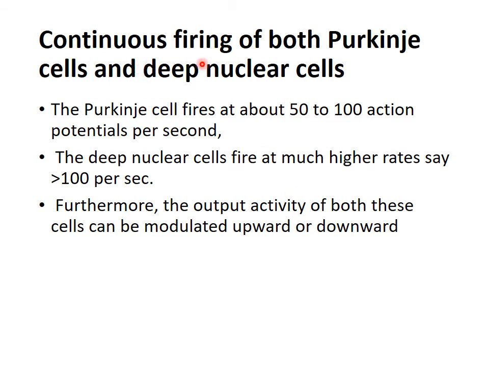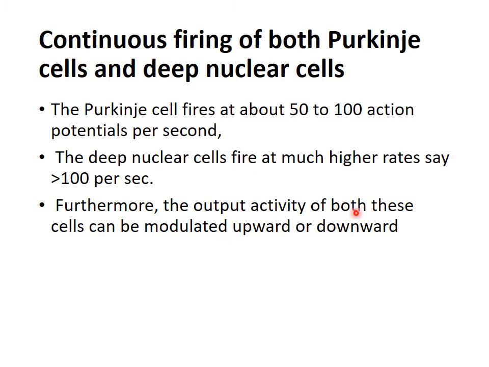There is continuous firing of both the Purkinje and the deep nuclear cells. The Purkinje cell fires about 50 to 100 action potentials per second, while the deep nuclear cell fires more than that.